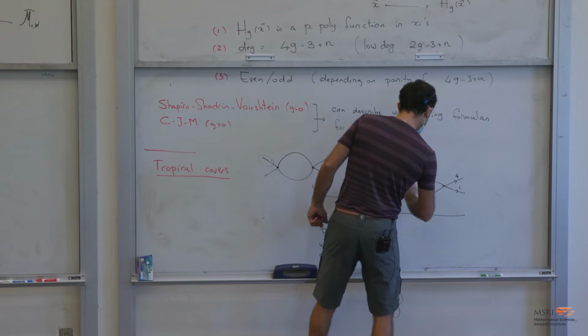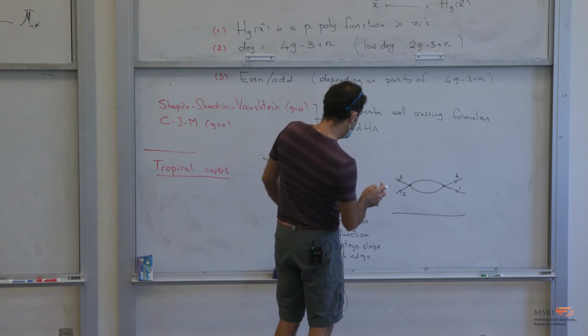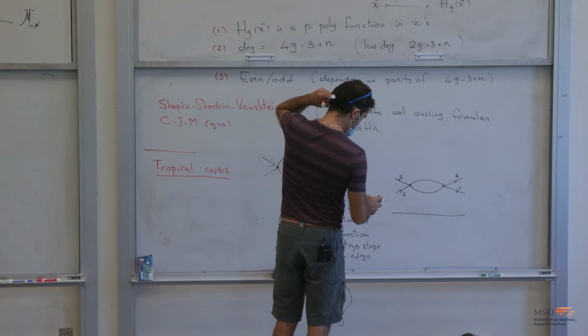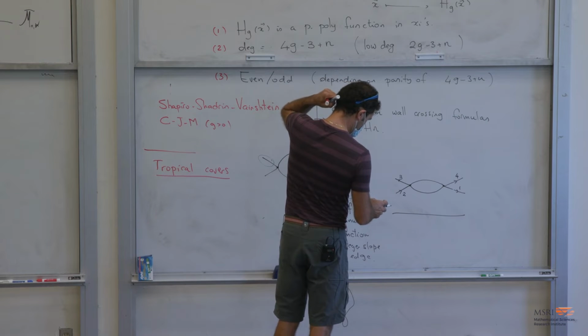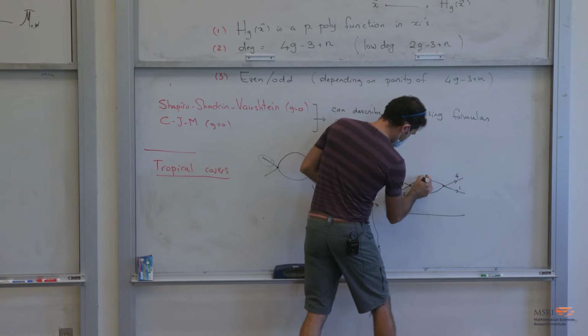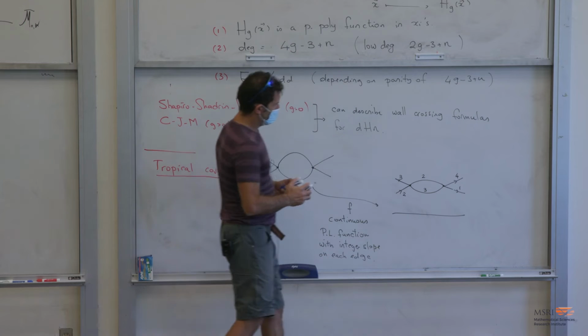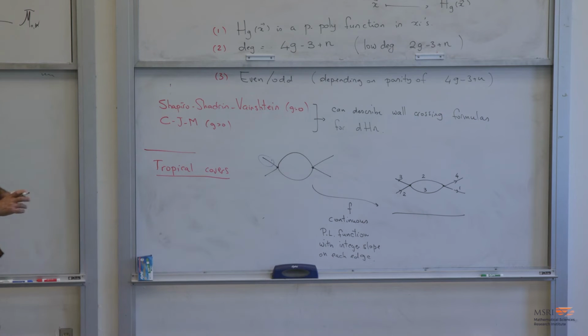So 4 and 1. But then, let's see, can I make this happen? I can still do this as a 2 and a 3, for example.